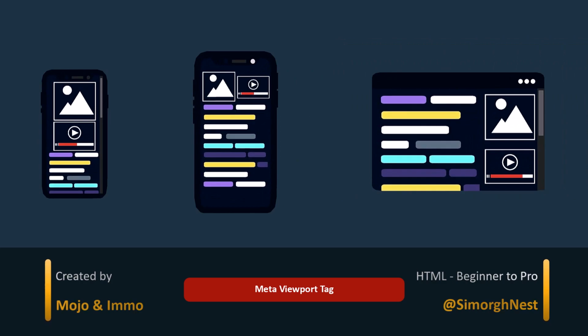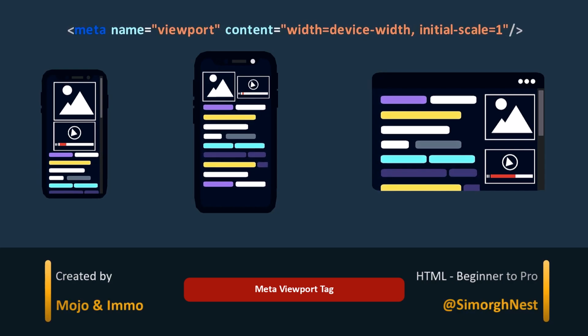Media queries are mainly used to create responsive web pages. These pages can change their appearance to give the best user experience on different devices and screen sizes. If we have designed a page with media queries for different screen widths, we need to set the viewport using a meta tag.